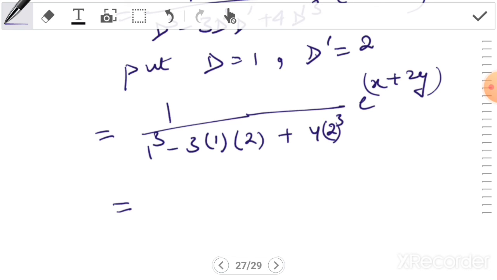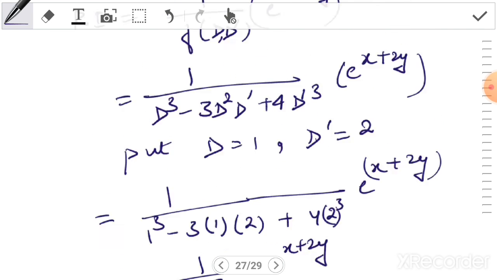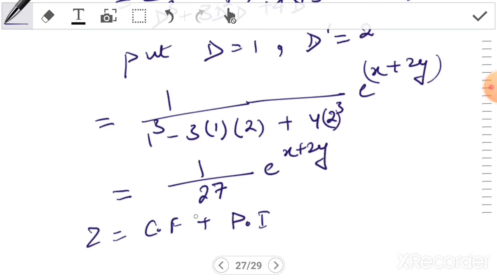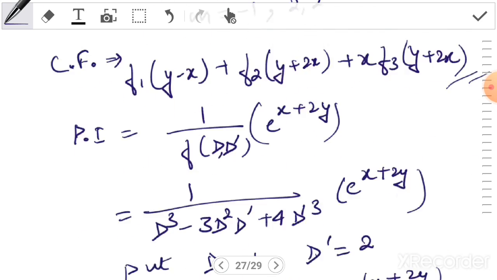Hence the solution is 1 by 1 minus 6 plus 32, that is 27. So this is the complete solution: z is equal to the complementary function plus the particular integral. So this is the particular integral and this is the complementary function part.